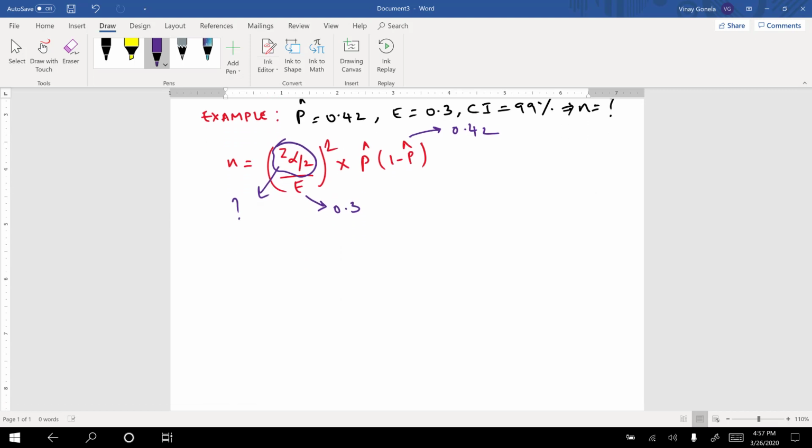So what is this? Mostly you know that it is critical value. For Z alpha over 2 they gave us confidence interval. They are saying confidence interval is 99%. So alpha would be 1 minus 0.99, that is 0.01, and then alpha over 2 is 0.005.